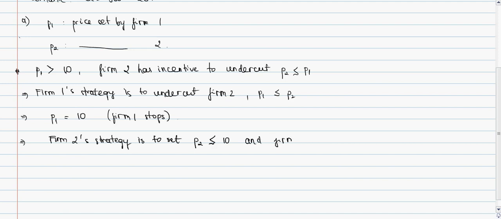Firm 1 will have no incentive to undercut firm 2, and the reason is that firm 1 wouldn't want to set the price smaller than 10.